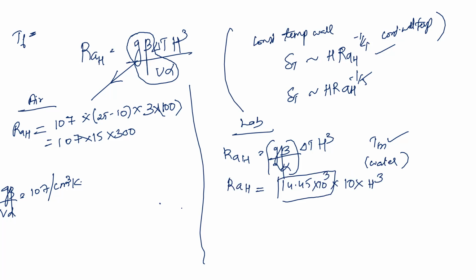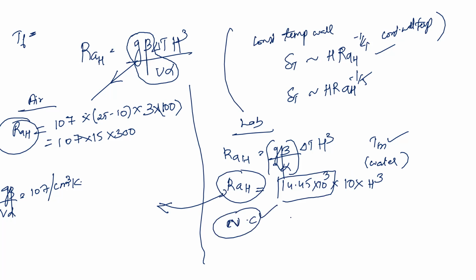If both should exhibit the same characteristics, then their Rayleigh numbers should match. We are studying the natural convection process, so Ra_H dash should be equal to Ra_H if it has to exhibit the same thermal characteristics.